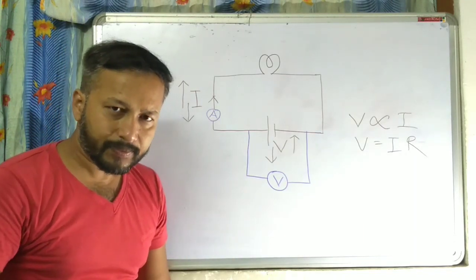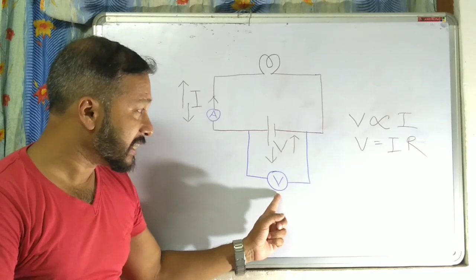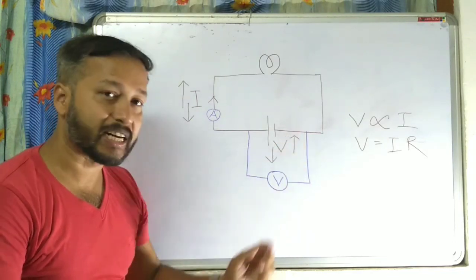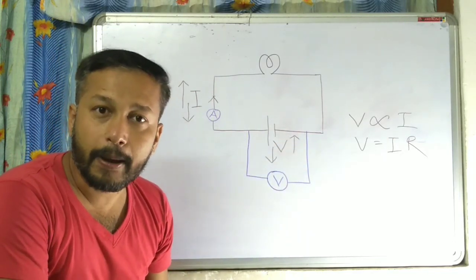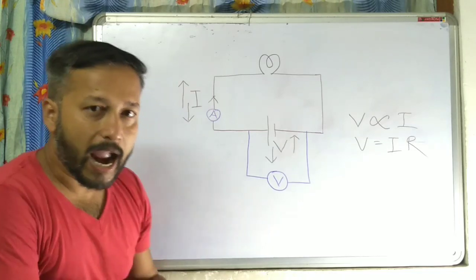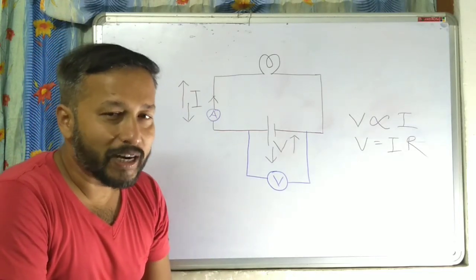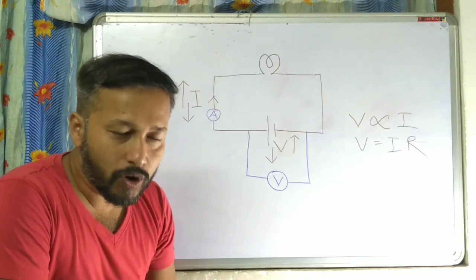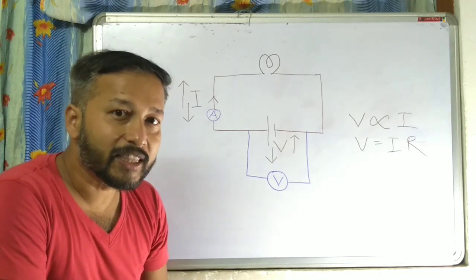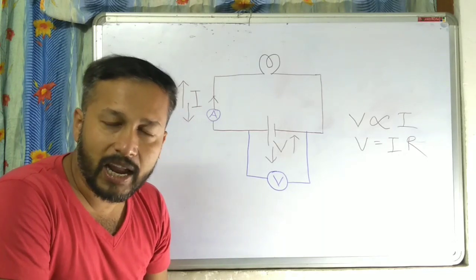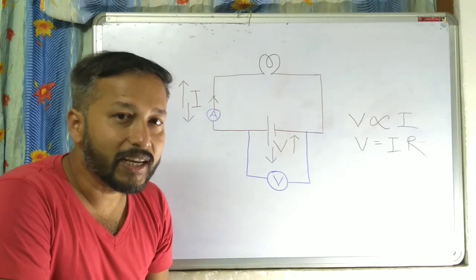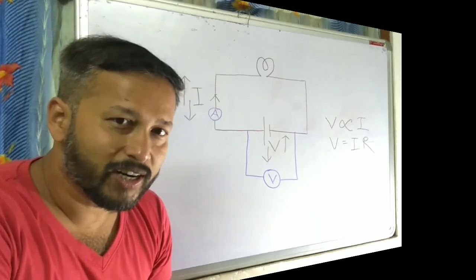Now see, the voltmeter is connected in parallel with the circuit, and the ammeter is in series. So it's a very important question for you: how should you connect the voltmeter in parallel and the ammeter in series. Understood?